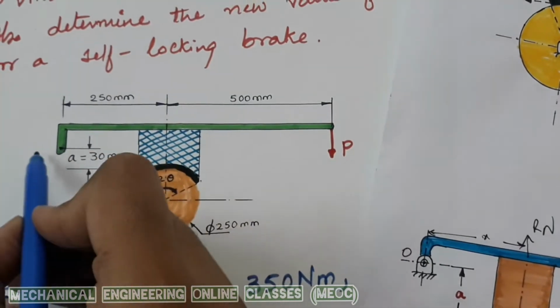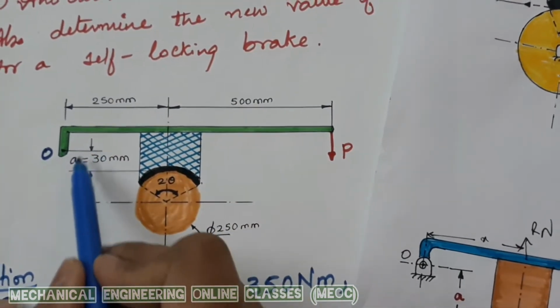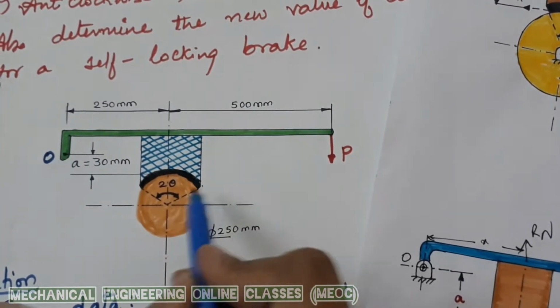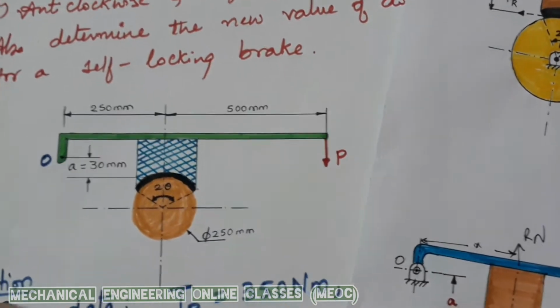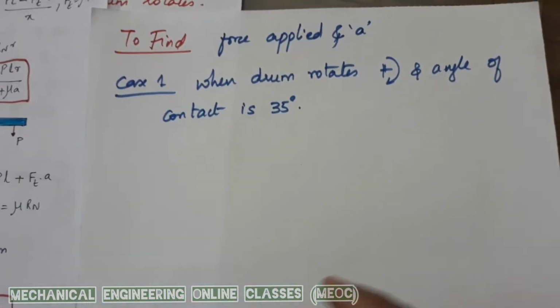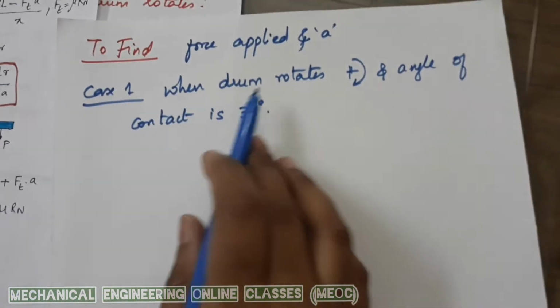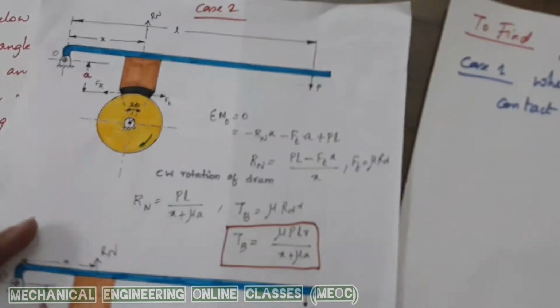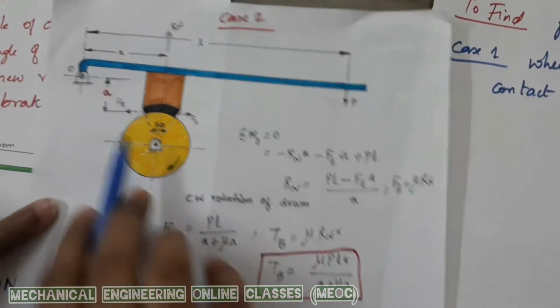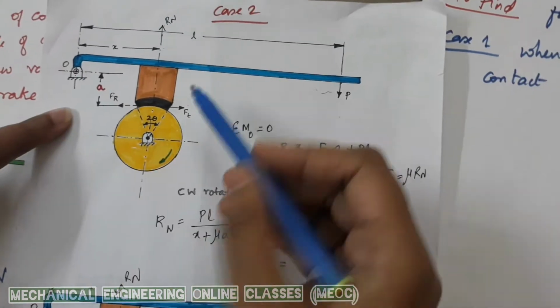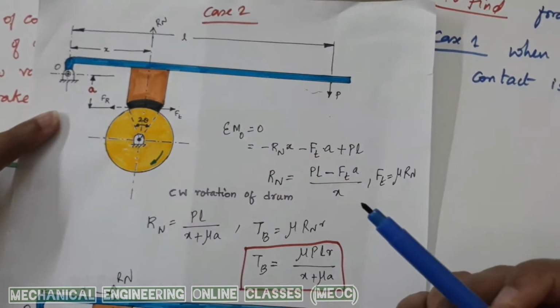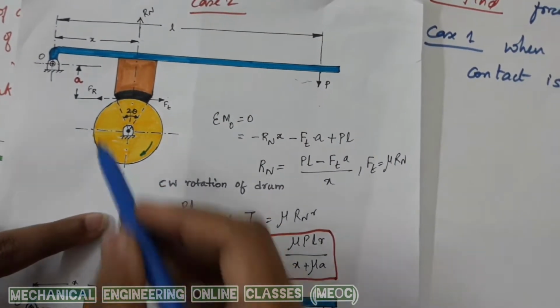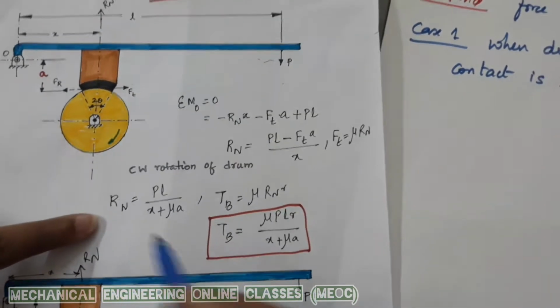Let this be O. So this fulcrum is above the tangential force line. For case 1, when the drum is rotating clockwise, this is the case: the fulcrum is above the tangential line of force and the drum is rotating clockwise.